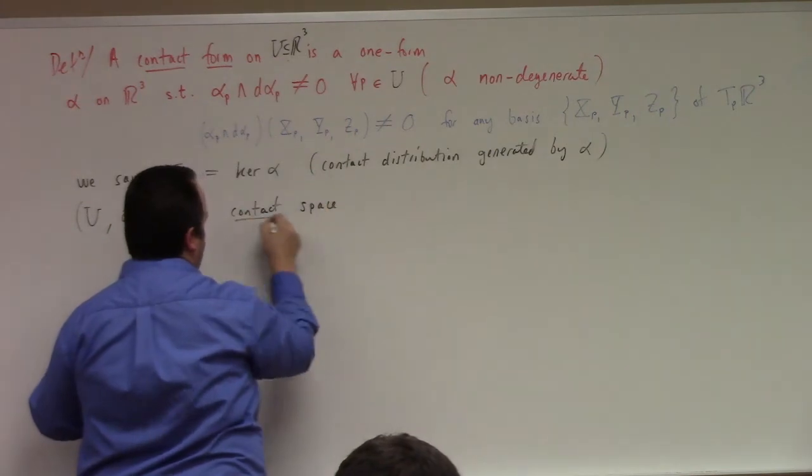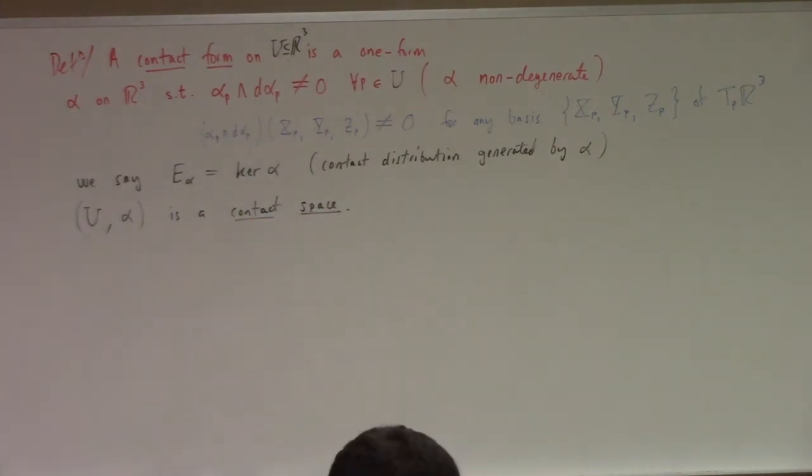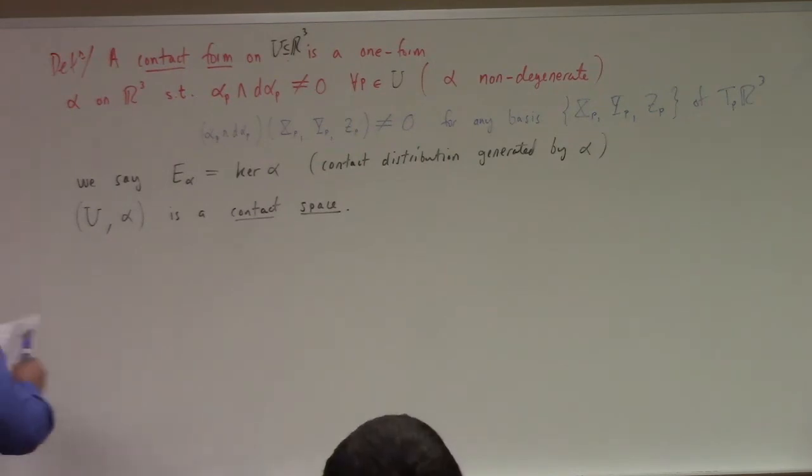A space paired with a contact form is a contact space, in the same sense that a domain paired with a metric is a Riemannian space. There's some kind of analogy here. Okay, let's look at an example.